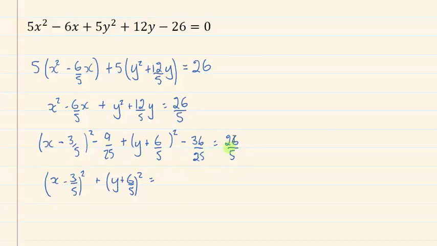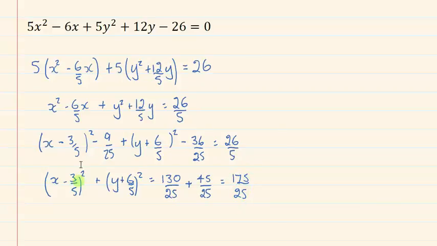So what I'll do at this stage is I'll convert that to 25ths. So that will become 130 25ths, multiplying top and bottom by 5, and then I'm adding on the result of taking these two terms across, which is add on 45 25ths, which is 175 over 25.